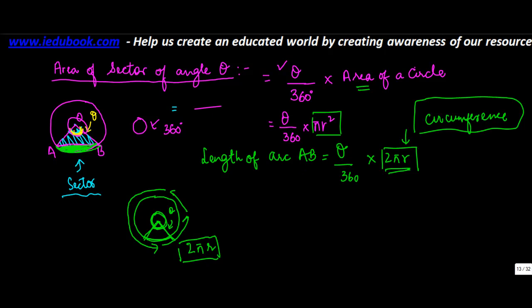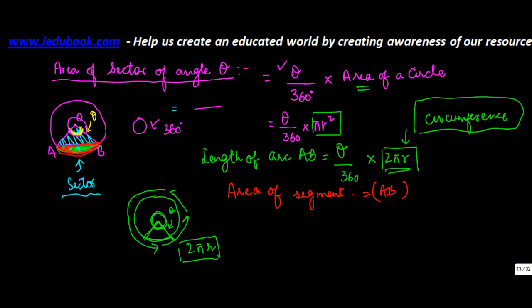Now, suppose someone was to ask you, in this case, what is the area of this green portion? Obviously, area of segment, what do you call it now? Let's say you call it as AB. Okay?